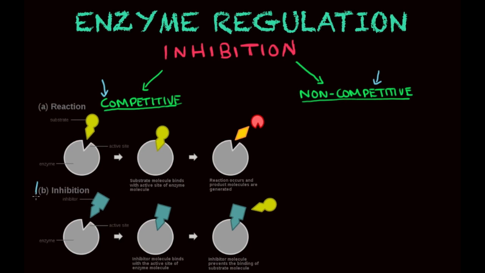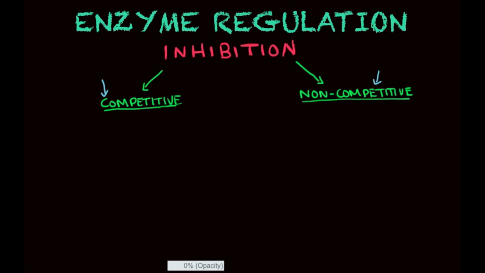If you look here at inhibition, competitive means that there is going to be a molecule right here that is going to bind to the active site and compete with the actual substrate. So this molecule will prevent the substrate from binding to the active site. So this is competitive inhibition.